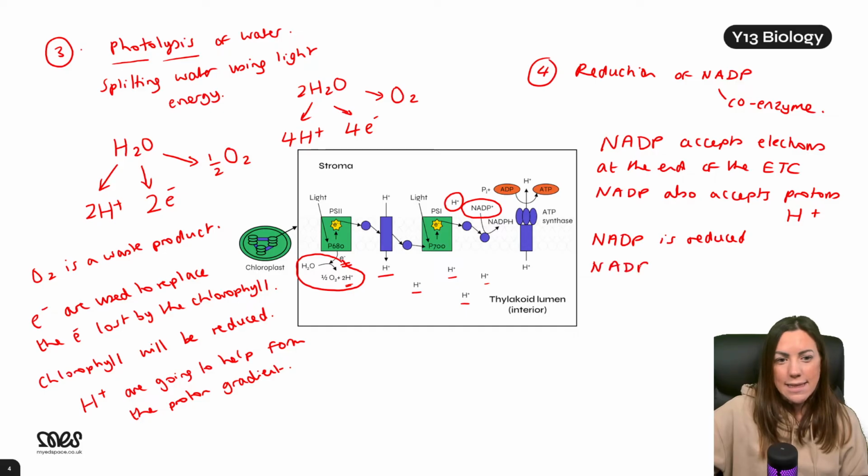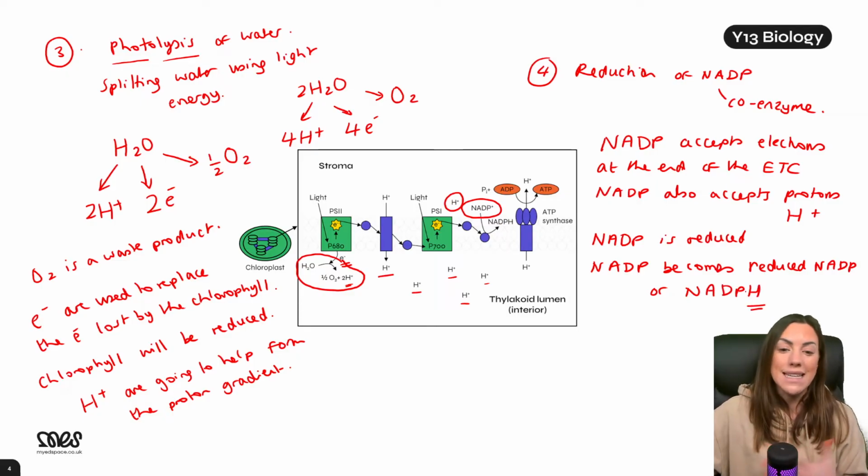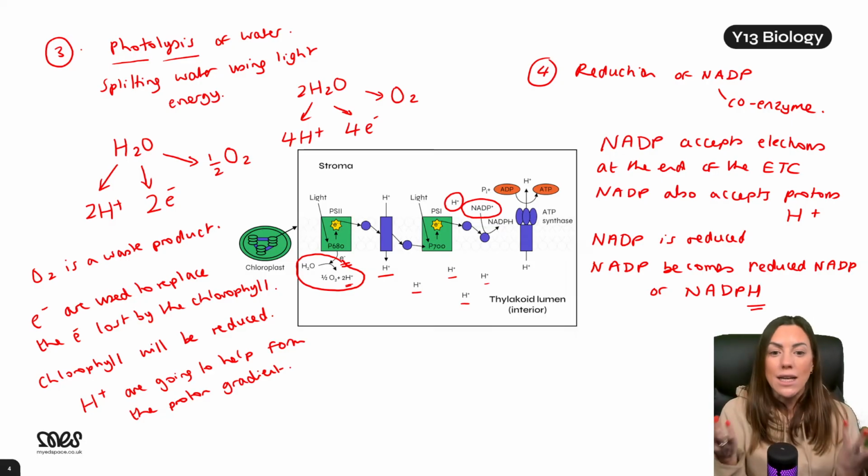So NADP becomes, you can call it reduced NADP, or you can call it NADPH, because it's basically accepted hydrogen, right? It's accepted an electron and a proton, which is hydrogen. So NADP is reduced, or we've made NADPH.